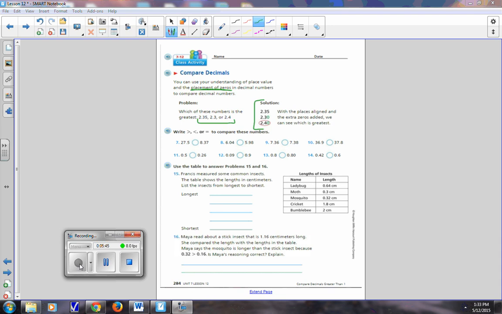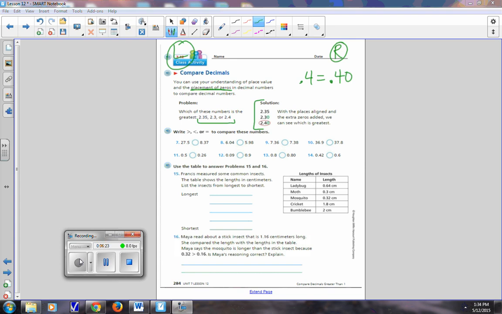Which one's the greatest? 2 and 4 tenths, right? 4 tenths equals 40 hundredths. When we add that 0 to the right, after a decimal, your value doesn't change. It's just holding a place.